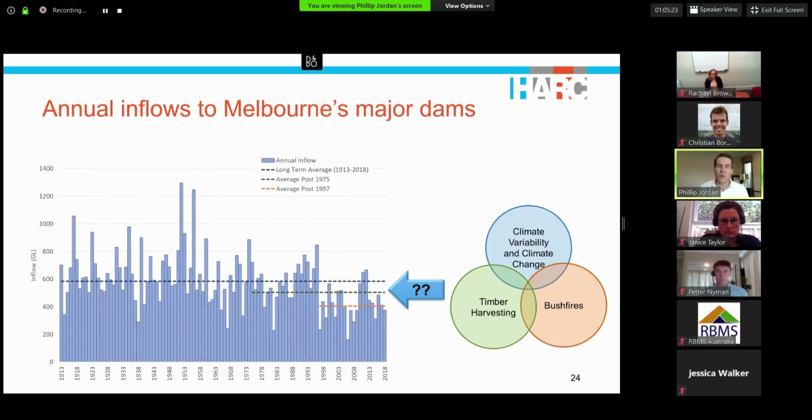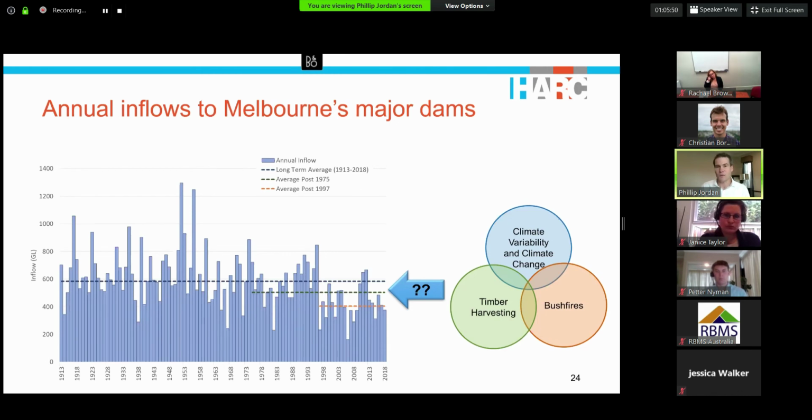So if we look at annual inflows to Melbourne's major dams, the long-term average is shown as the top dashed line there. We've seen about an 11% reduction in rainfall since 1997 over Melbourne's water supply catchments. That's translated into about a 30% reduction in mean annual inflow to the dams.